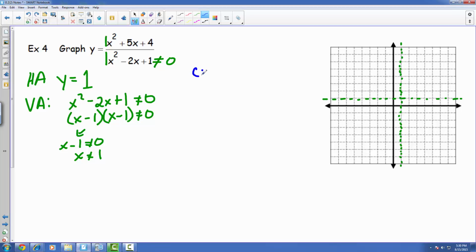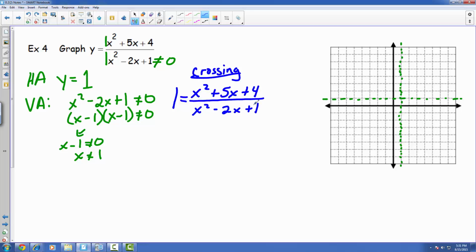So for crossing, we're going to plug in 1 for y is equal to our rational function. We have x squared plus 5x plus 4 all over our x squared minus 2x plus 1.